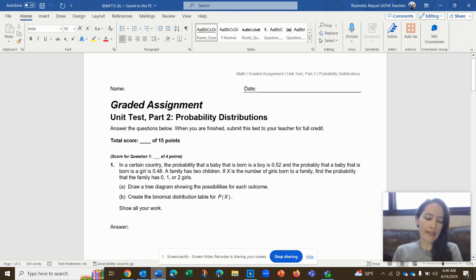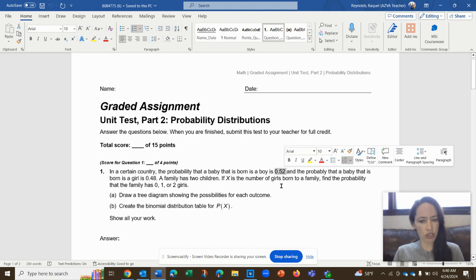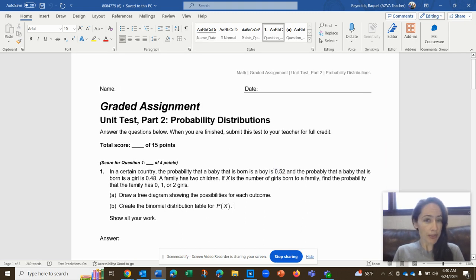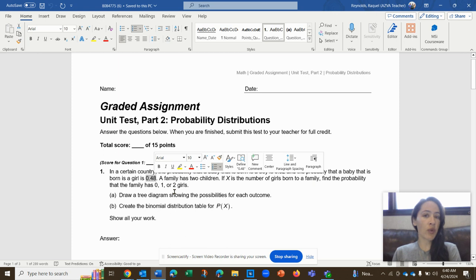Probability distributions. So let's get started. In a certain country, the probability that a baby that is born is a boy is 0.52, so 52%. And the probability that a baby that is born is a girl is 0.48. There's a typo in the problem.